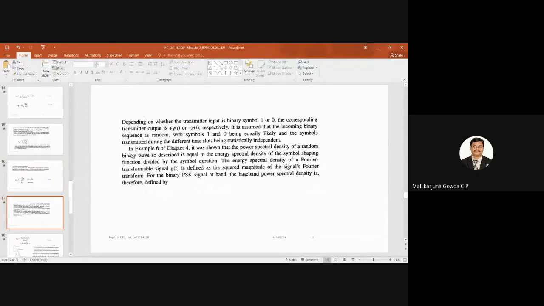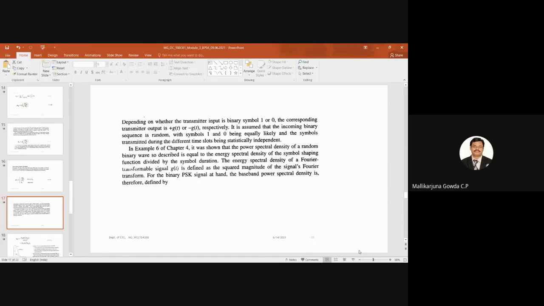Depending upon whether the transmitter input is binary symbol 1 or 0, the corresponding transmitter output will be either plus g of t or minus g of t. It is assumed that the incoming binary sequence is random, with symbols 1 and 0 being equally likely, and the symbols transmitted during the different time slots being statistically independent.